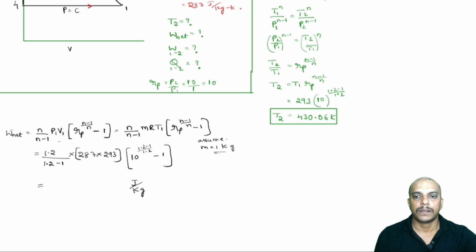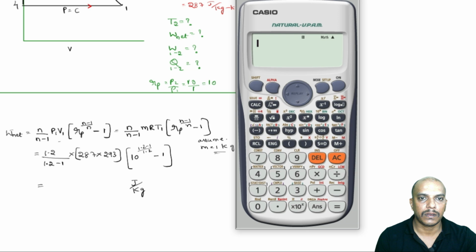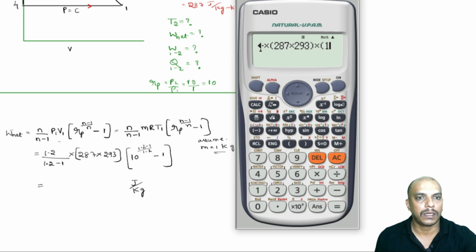So now let us solve this. 1.2 divided by 1.2 minus 1, that is our first term, into 287 into 293, multiplied by 10 power, 1.2 minus 1 divided by 1.2, minus 1.